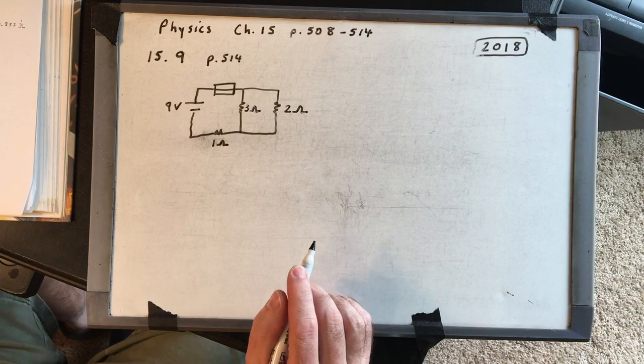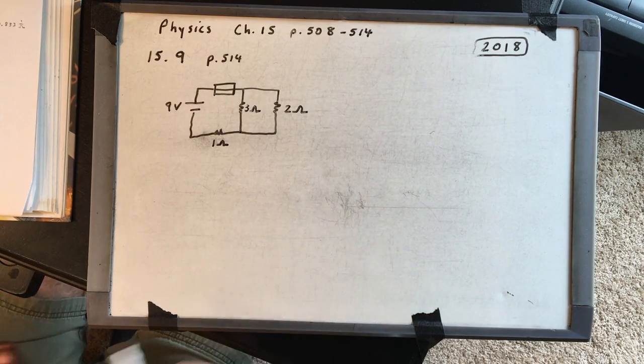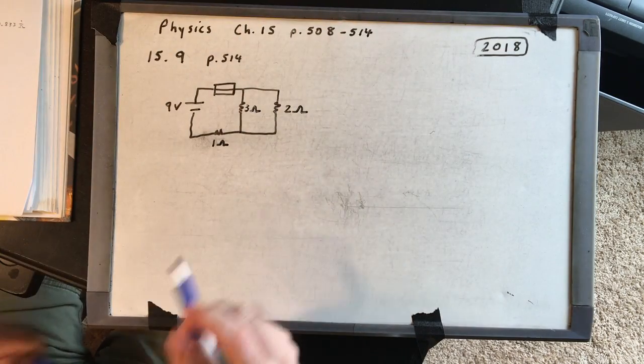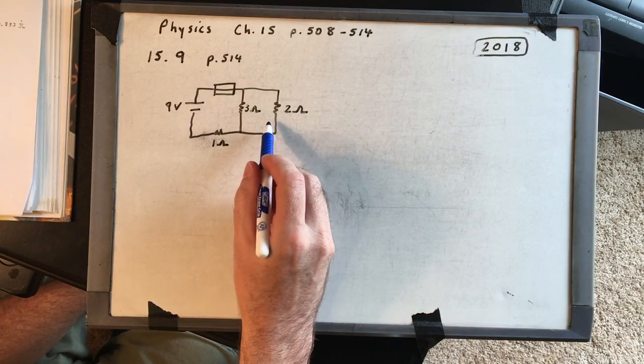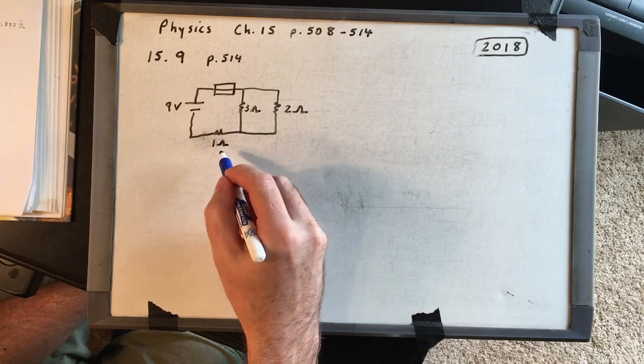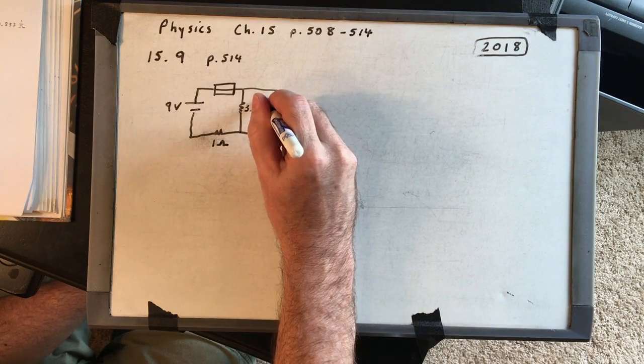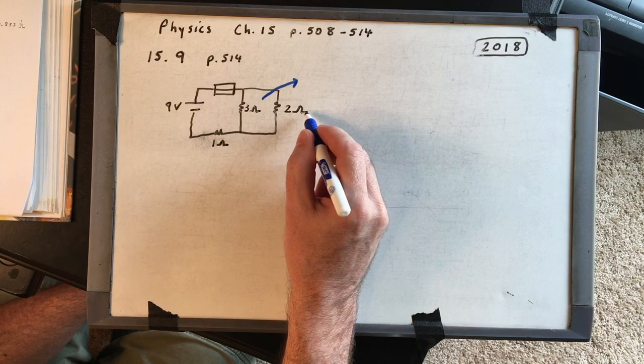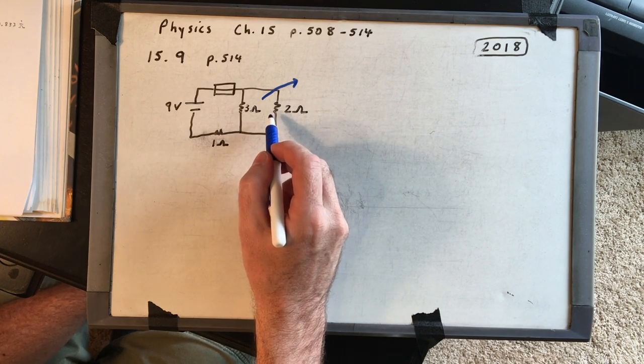Okay, so we're going to have to do a little bit of work here. This circuit has both resistors in parallel and also in series. These two, the 3 and the 2 ohm resistors, are in parallel.